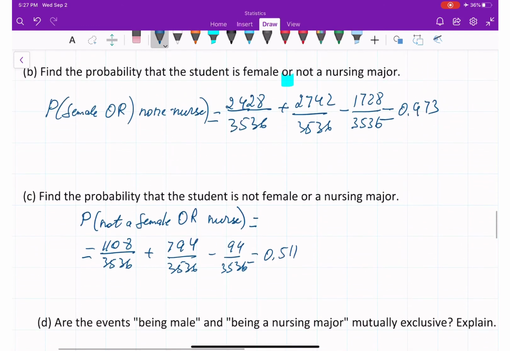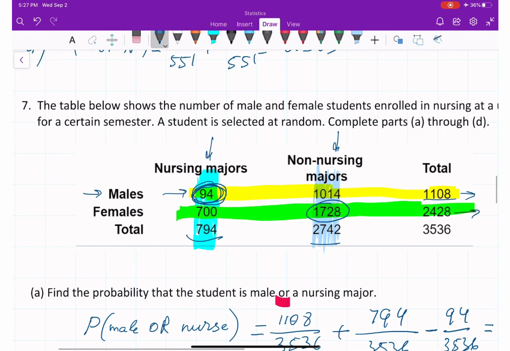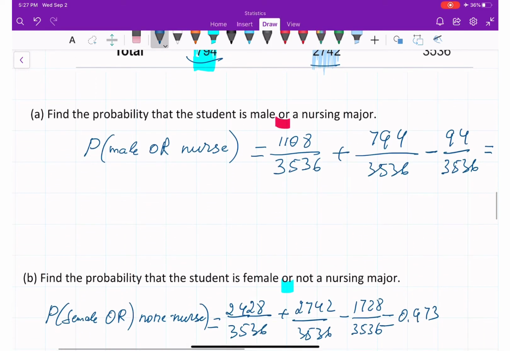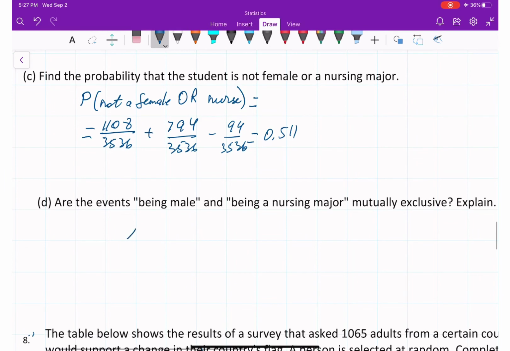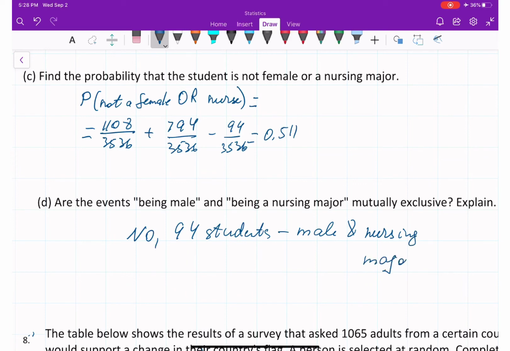Because male can be nursing major also, 94. 94 students are male and nursing major. So this answer is going to be no.